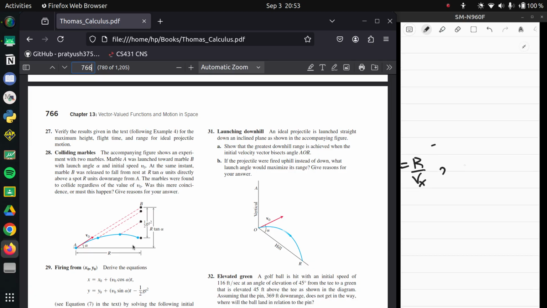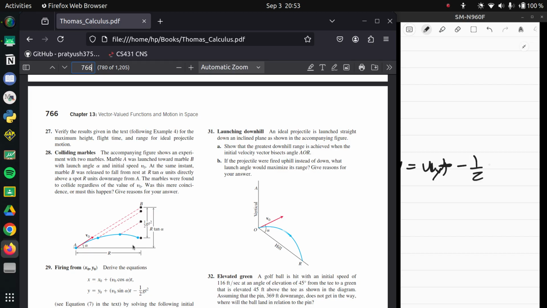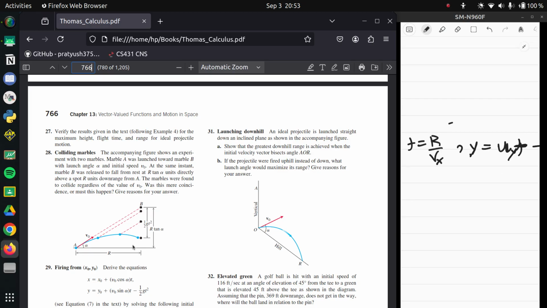Okay, and your y coordinate is just like, this is so inconvenient. So it's just uy t minus half g t squared. At that point the y coordinate of this B guy would just be r tan alpha minus half g t squared.